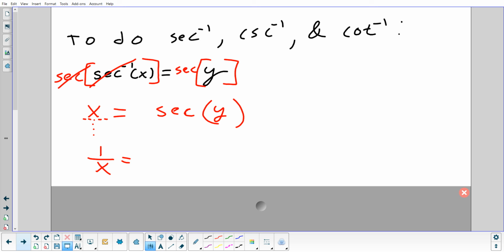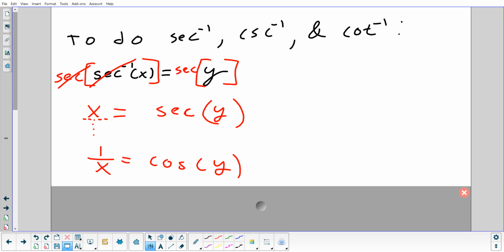But this is the one I'm interested in. What trig function, we just said it, when you take the secant and you flip it, what does it turn into? It turns into cosine. Remember what this was equal to originally. Originally, it was equal to y.